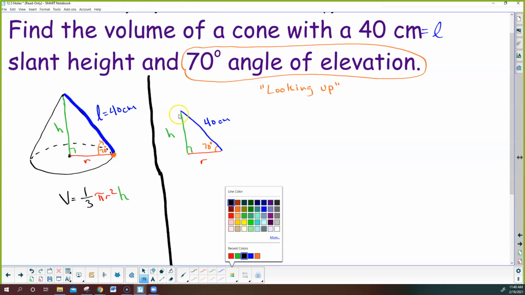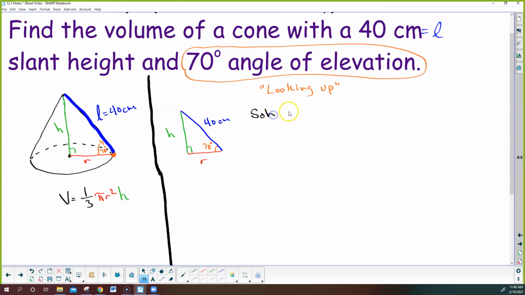So if we're looking to find the height and the radius, and we know the slant height, and we know this angle that's formed between the radius and the slant height, we get to visit an old friend. Sohcahtoa, right? If I know an angle and I know one side of a right triangle, I can use Sohcahtoa to find any other side that I want.